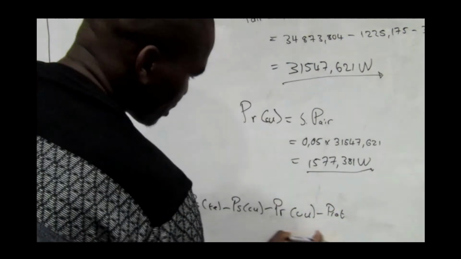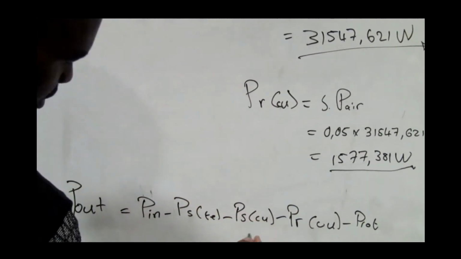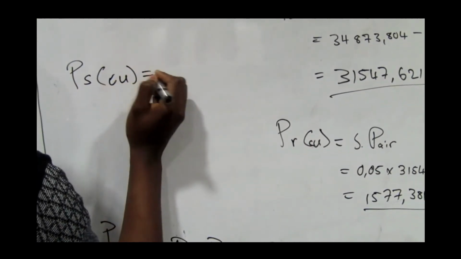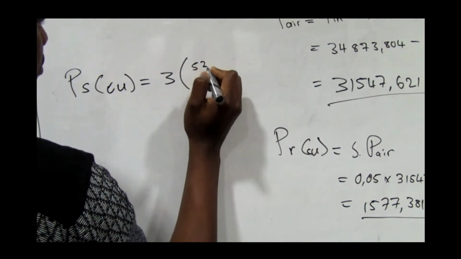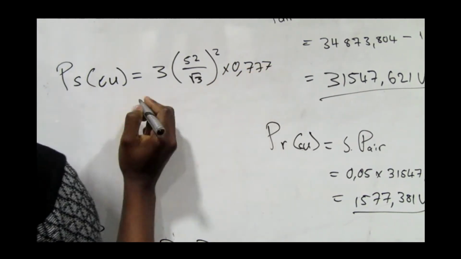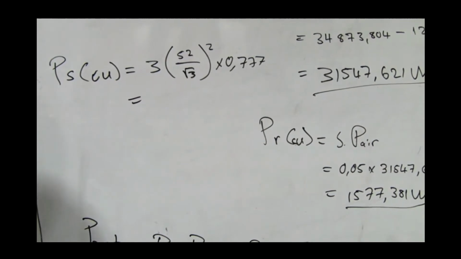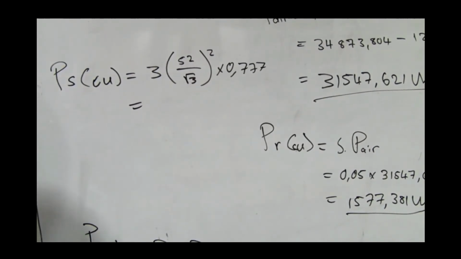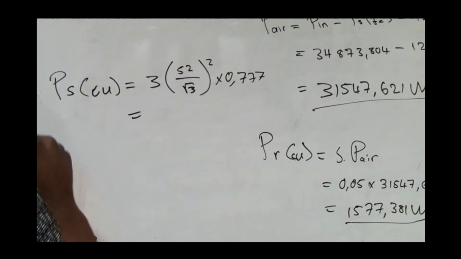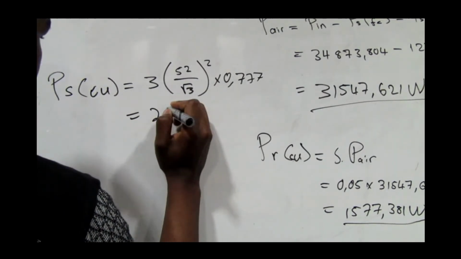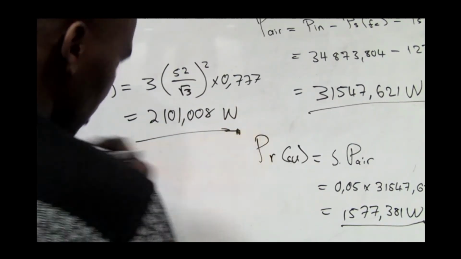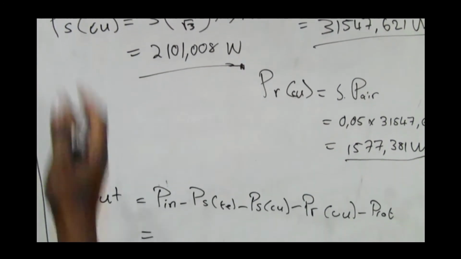So to make things simpler, let's just calculate this side first, PSCU, which equals 3 into 52 over root 3 squared times 0.777, and it's given as 2101.008 watts.